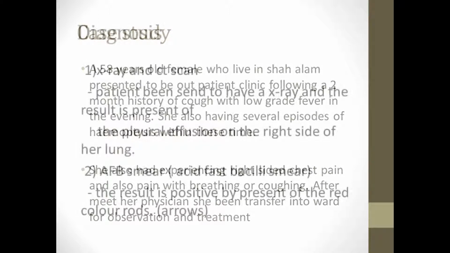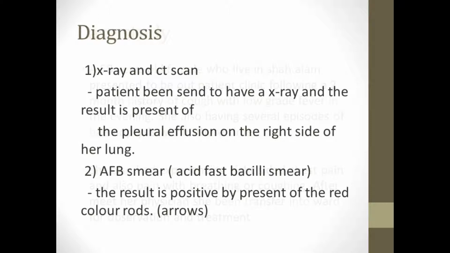To diagnose tuberculosis, there are 2 mandatory tests that can be done to detect tuberculosis. First is X-ray or CT scan. This patient was sent to have an X-ray and the result showed pleural effusion on the right side of her lung.